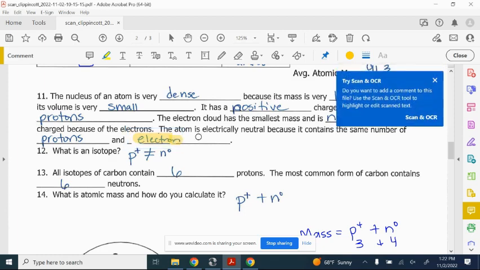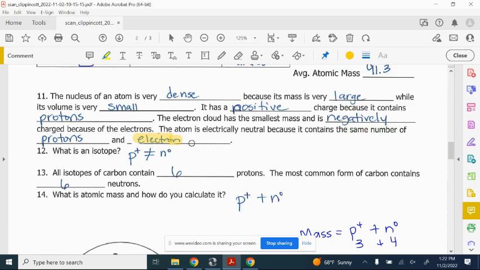I think the answer key had something different, so make sure that you get that checked. So the atom is electrically neutral because it contains the same number of protons and electrons. So that I had messed up on, just going too fast, of course, trying to get too much done.